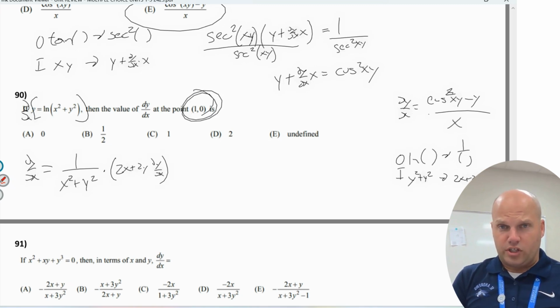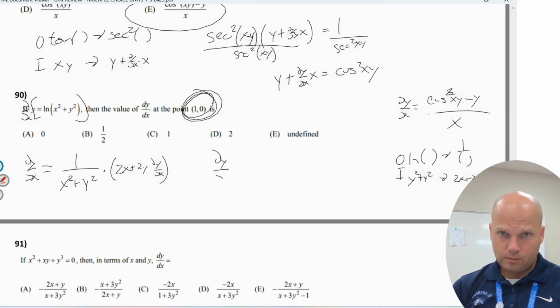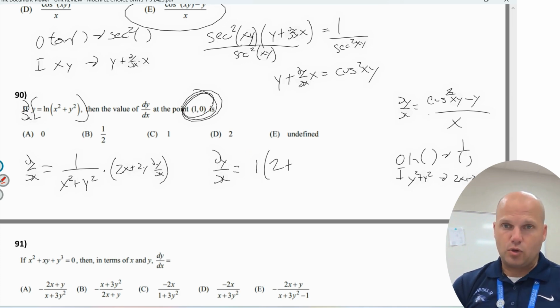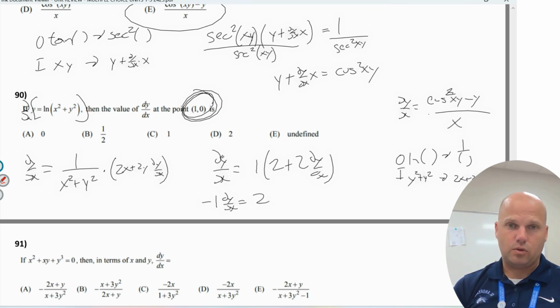This is one of those examples where it's like, I don't want to solve this for dy dx, so I'm just going to plug in values. So I'm going to plug in 1 and 0, giving me 1 times 2 plus 2 dy dx. And that's easier because I'm going to subtract 2 dy dx. I'll get negative 1 dy dx equals 2. Dy dx is, shoot, what did I do wrong here?